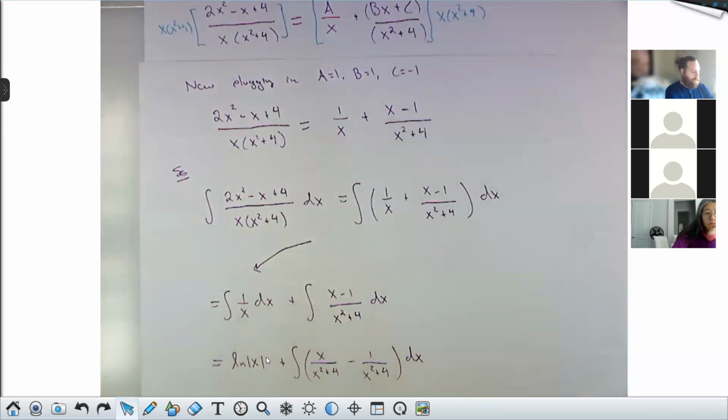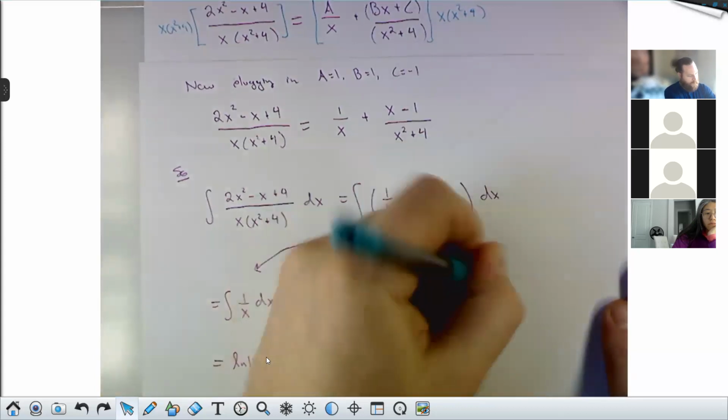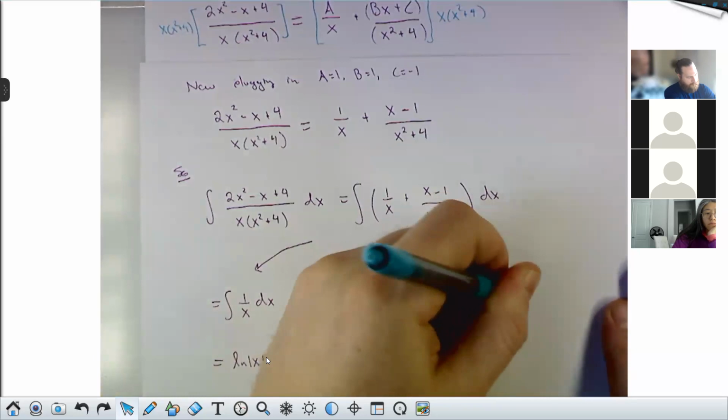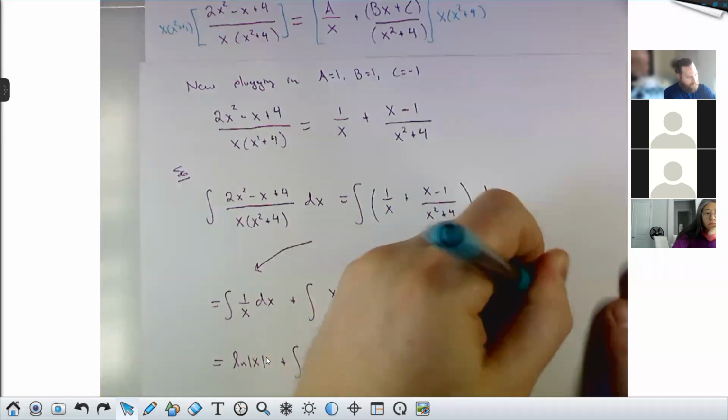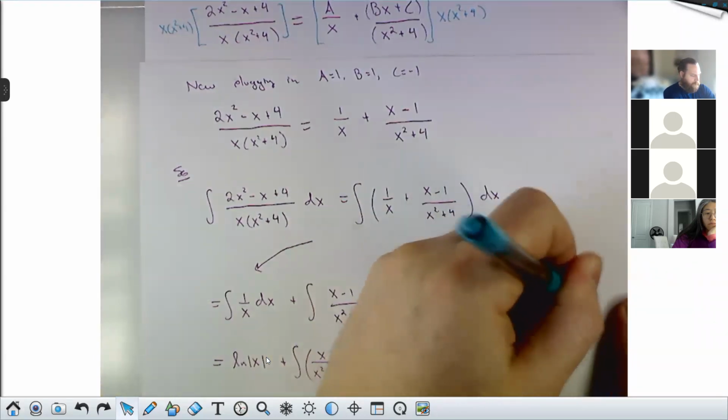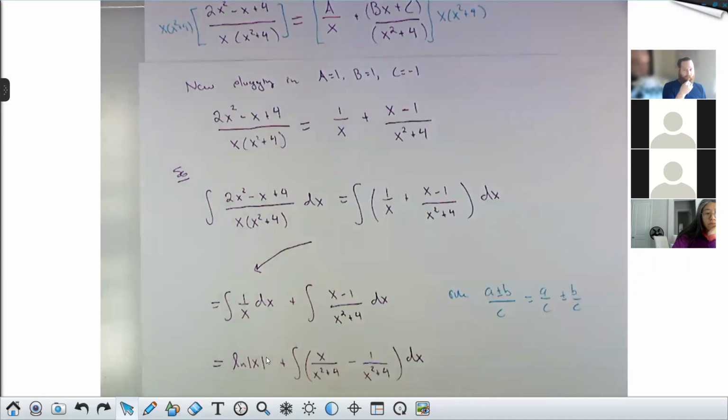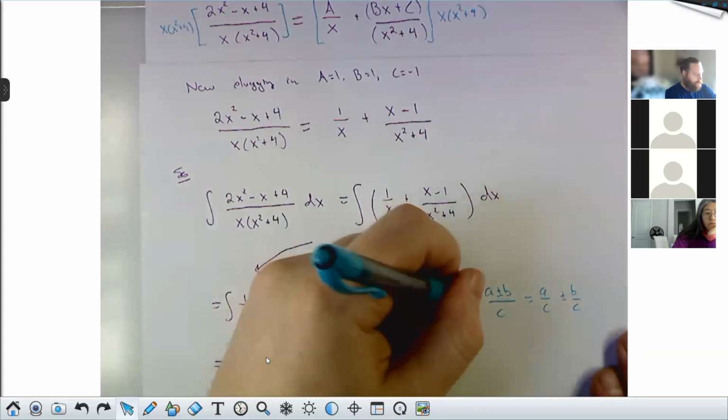Again, here I'm using the algebra rule that (a plus or minus b) over c is a over c plus or minus b over c. Very useful little algebra trick. It's like the dumbest thing in the world when you look at it like that, but when you look at it like this, it's like, oh, okay, that is useful.